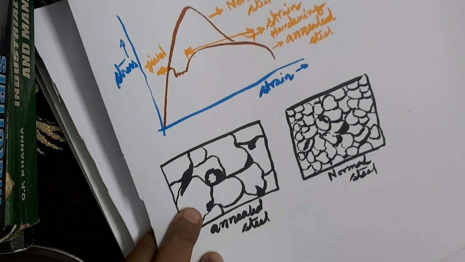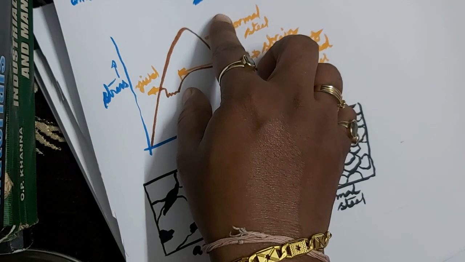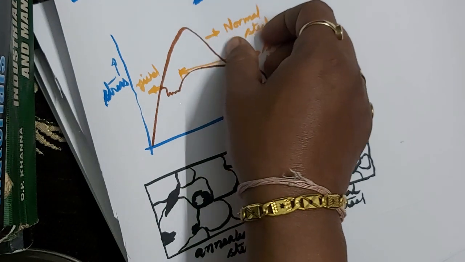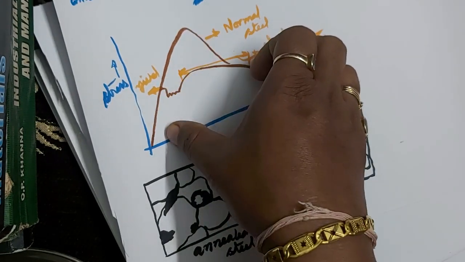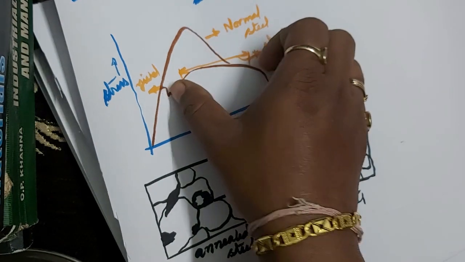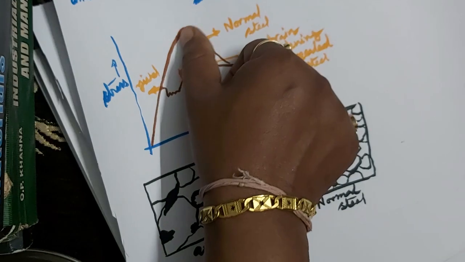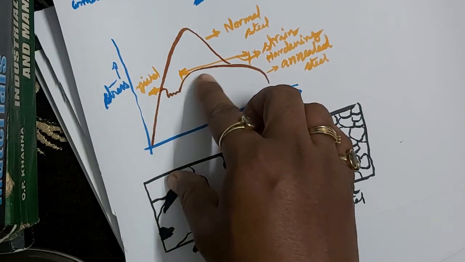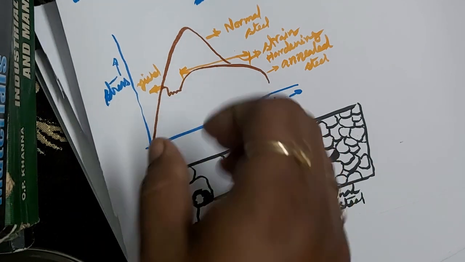Here in this stress strain curve also you can see, this one is for the normal steel, and the properties you can see, the deformation for this case and the deformation for this case are totally different.